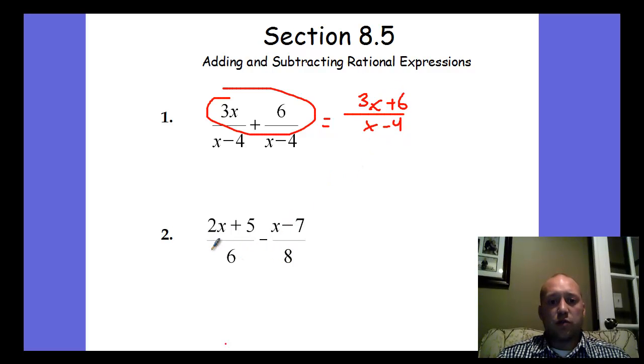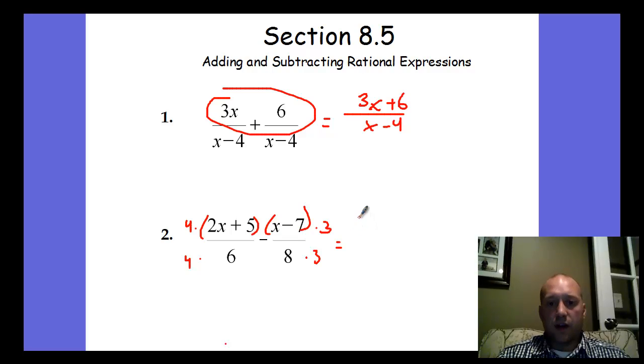Down here, they do not have the same denominator, so we need to find a common denominator. Both 6 and 8, the first number they both go into is 24. So I want to multiply the bottom and top of this one by 4, and this one by 3. When you do that, you have to multiply the entire numerator by that value.